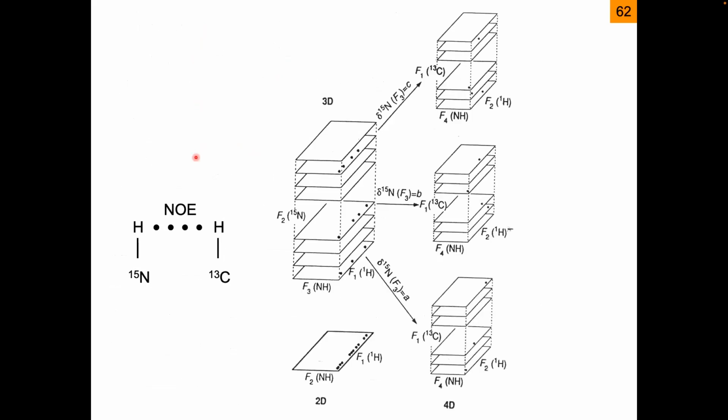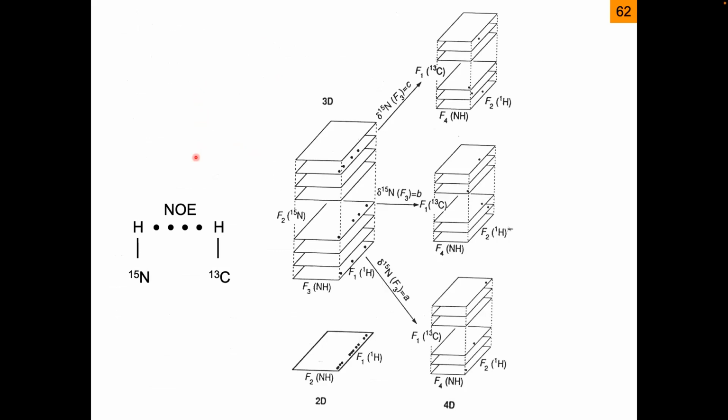Now, this is a little bit asymmetric, because you have one proton where you only measure the proton chemical shift and nothing else. You do the NOE to the next proton, and then measure the frequency of the attached heteronucleus in this HMQC, HSQC type of experiment.